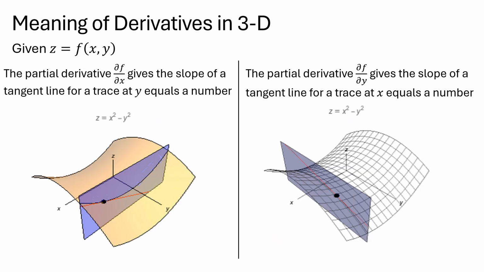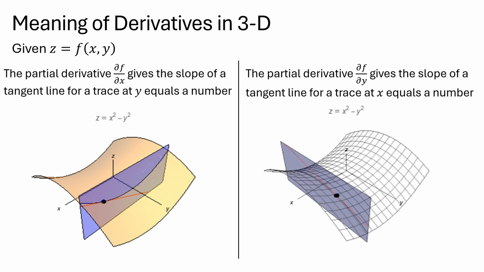A trace can be thought of in another way, which is to take a plane and to cut the surface either parallel to the x-axis or the y-axis. Doing so parallel to the x-axis allows us to calculate a partial derivative with respect to x, which appears as a tangent line shown in red on the figure below on the left.